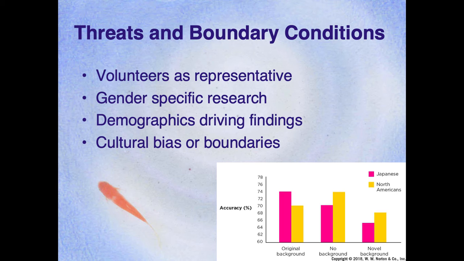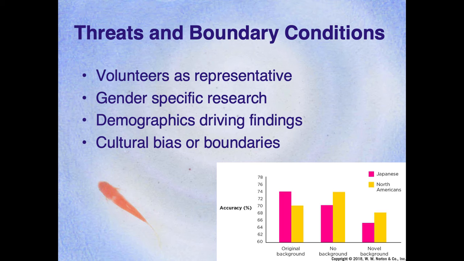And maybe some other research would recontextualize or try to replicate that with a male sample, but for different reasons. Another example is how demographics can actually drive the results that you see, right? They give some interesting studies in the book about this. One is more about cultural bias, but the same can happen with demographics.